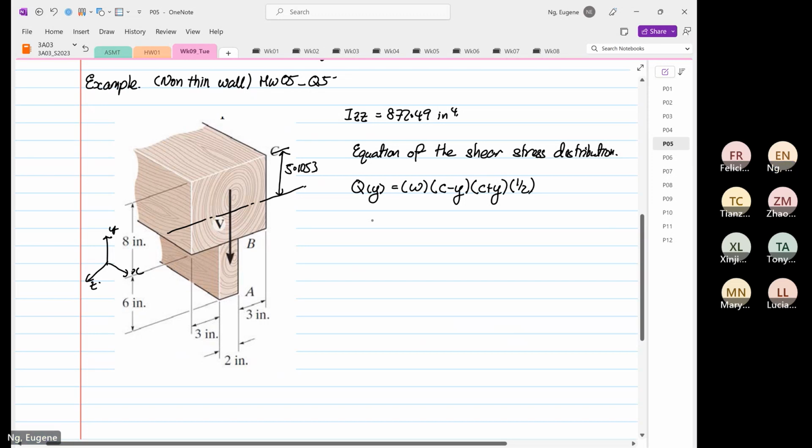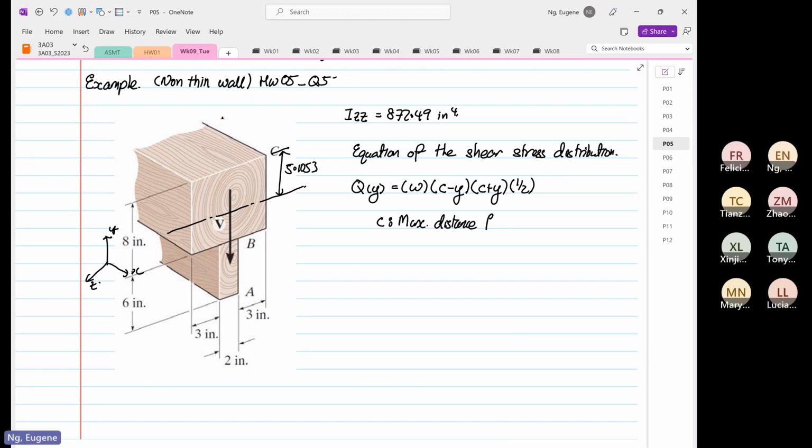C is the maximum distance from the centroid. That is our c.